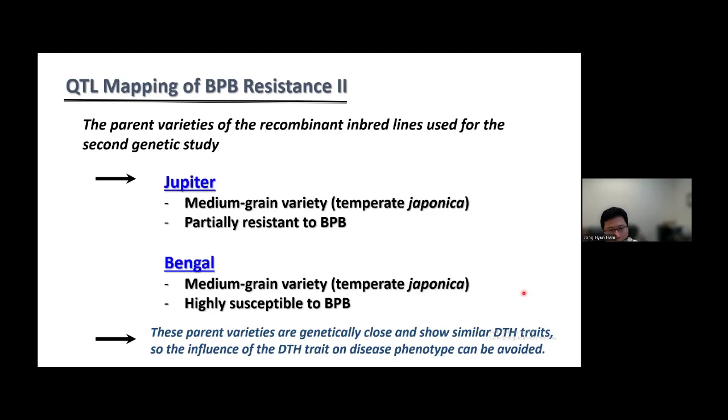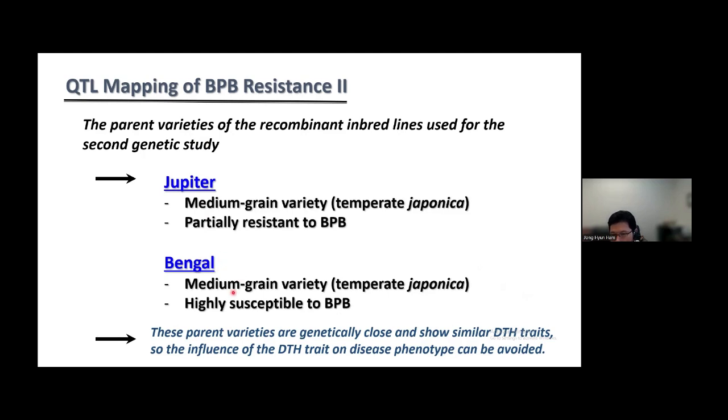So, however, we decided to do another genetic study using a different mapping population, a recombinant inbred line population derived from the same resistant source, but the susceptible parent was Bengal.